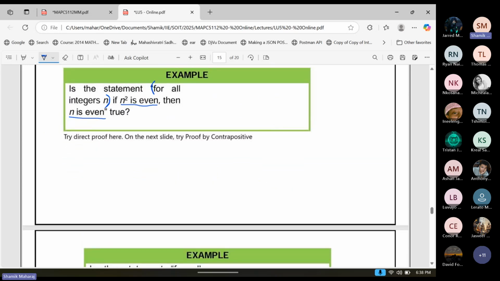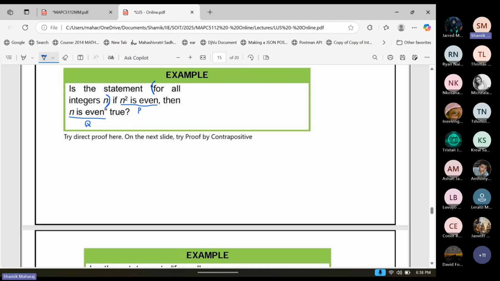So this says if n squared is even, then n is even. Let's first try to prove it directly like what we did above. That's what the instruction is telling us at the bottom here. Let's call the first part P and the second part Q. Try and prove it directly and see what happens. Apparently it's difficult, so let's see if we get stuck.